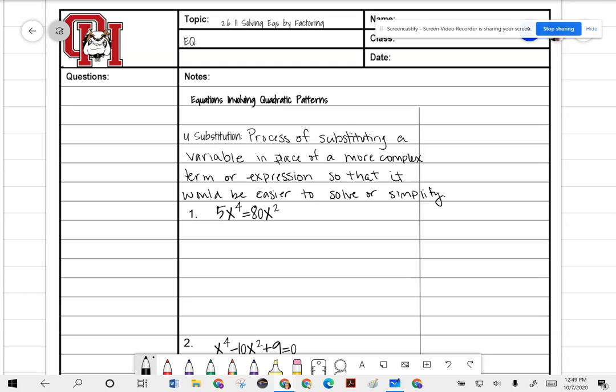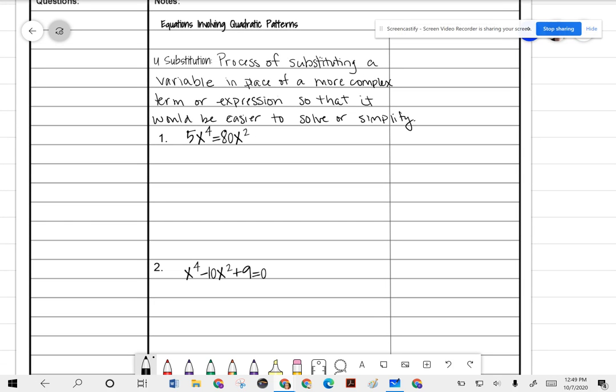Okay, so let's take into consideration number one. Now remember, this topic is focused on factoring. So notice that you have x to the fourth and x squared on different sides. So what we always want to do when it's something more than a linear is to set it equal to 0 and then look to see what we have.